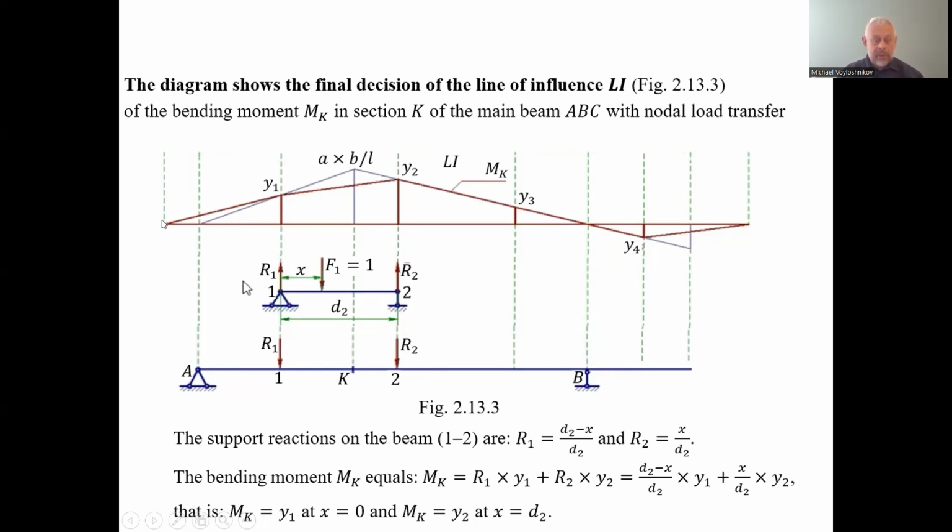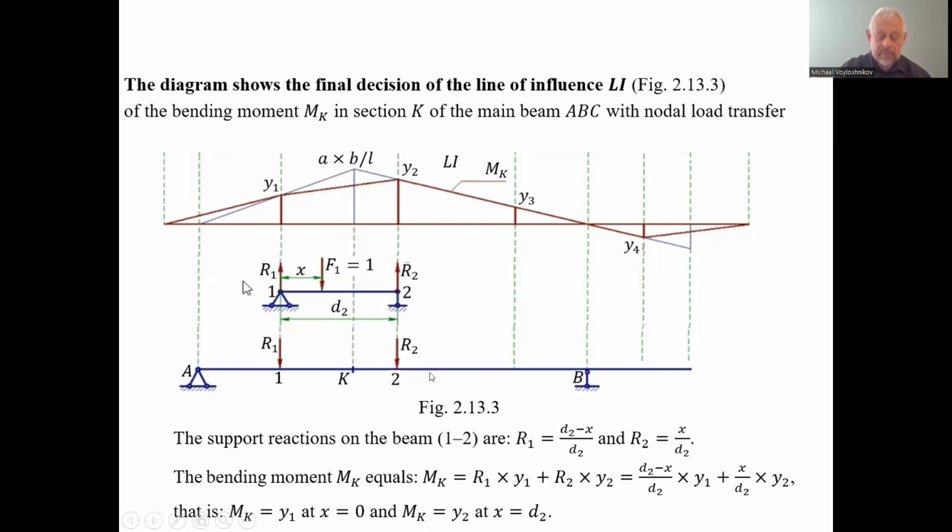So we have the broken load line from the first point, from 0, to the last end point of the auxiliary beam. This indicates the line of influence of the moving load on the auxiliary beam, its action on the main beam when the load is transmitted to the main beam through the nodes.